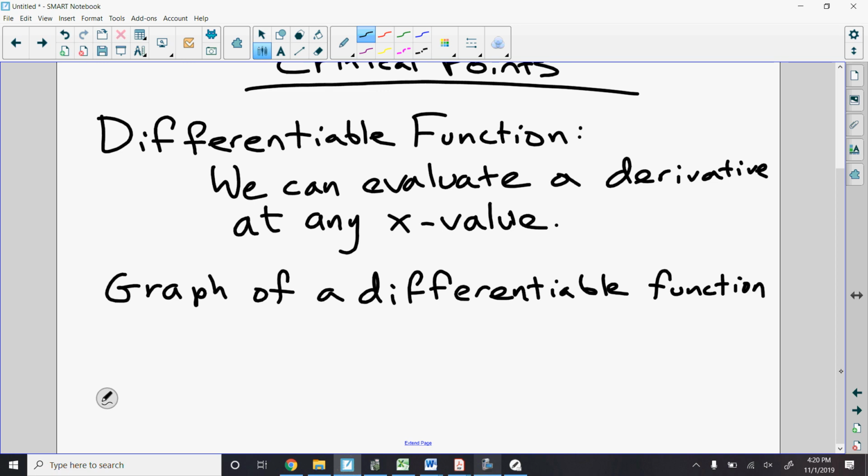When we look at a graph of a differentiable function, we're going to notice two things. We're going to notice that the graph is continuous, but it's also, I like to call it smooth.